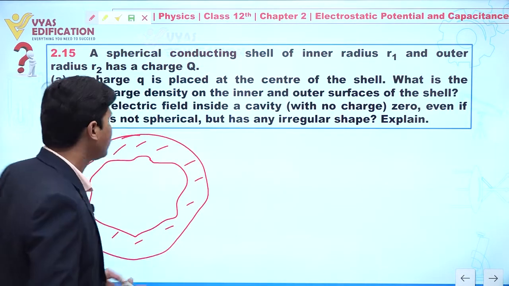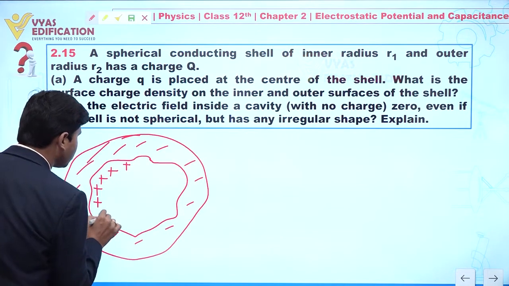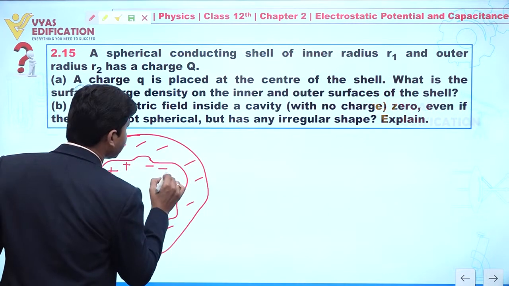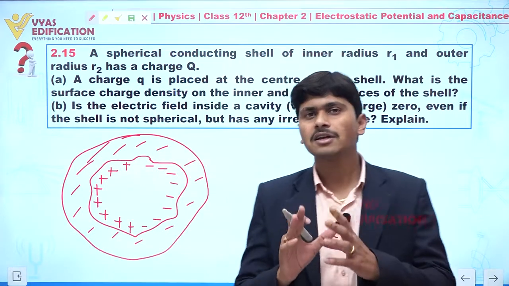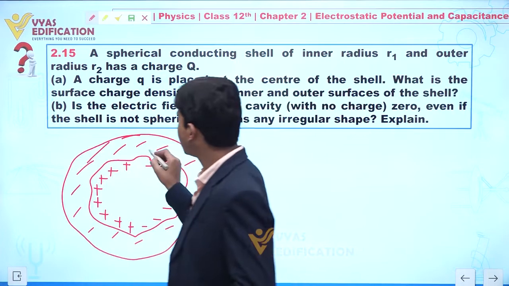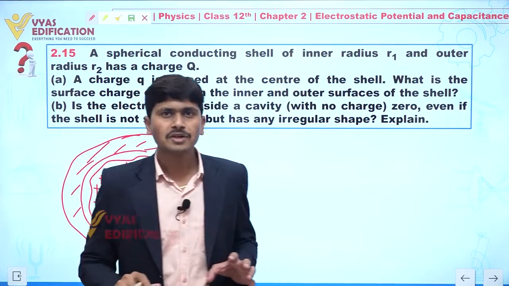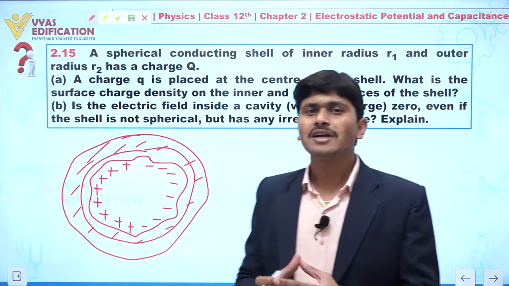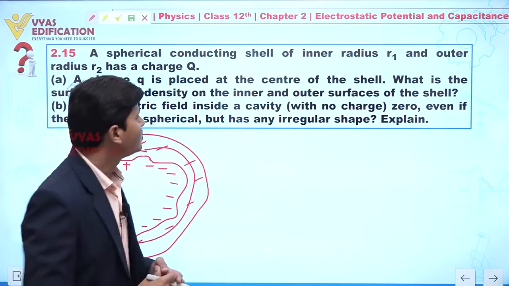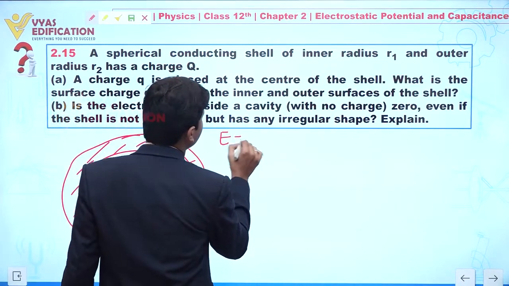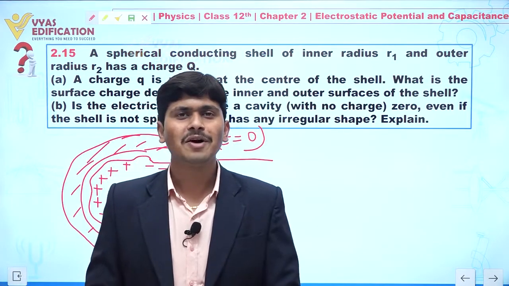If we have an irregular shape, there may be an unequal distribution of positive and negative charges, but the important part is that the net charge present inside any Gaussian surface becomes 0. So whether it is a regular or irregular shape object, we always find the electric field 0. So the electric field value is 0. This is all about this question.